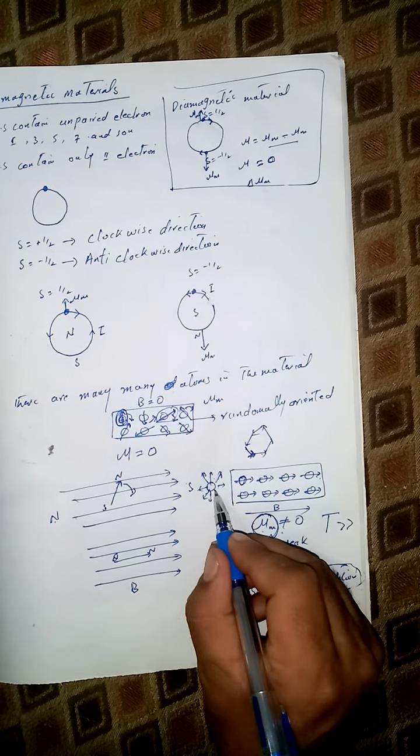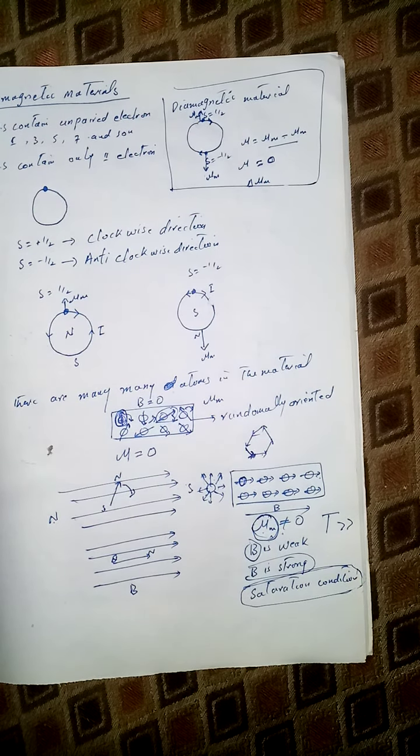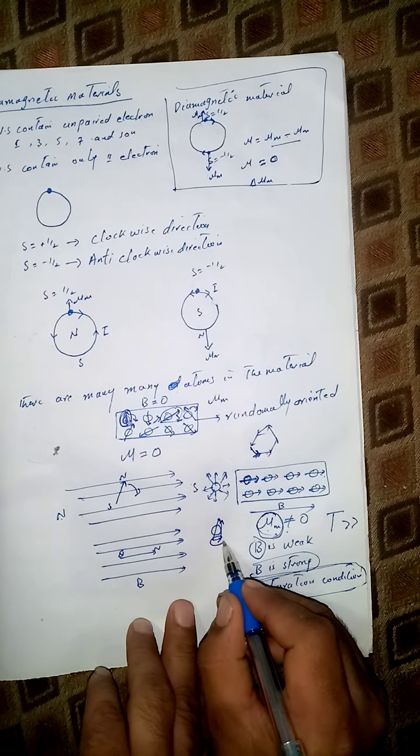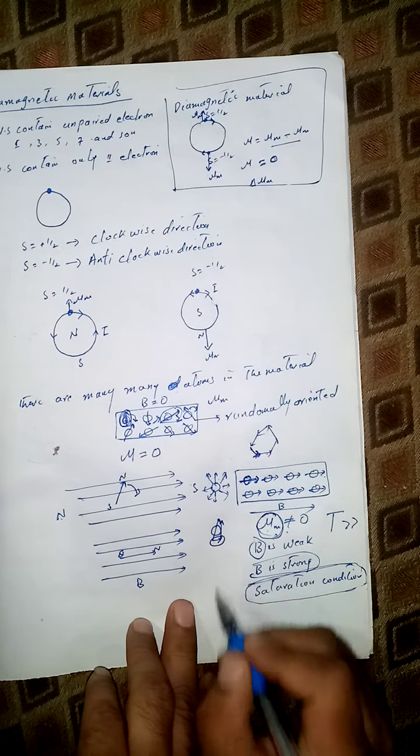Once it vibrates, the atom whose dipole moment direction was like this might now have a direction like this. So there are two components of the dipole moment now. The component in the direction of the magnetic field is very small compared to the dipole moment which was initially like this.